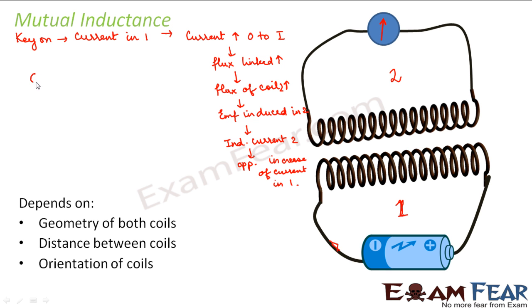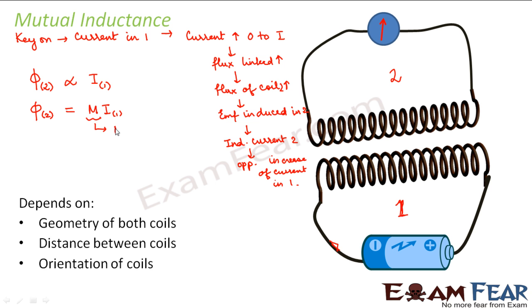So how do I write it mathematically? We can say that the flux change in coil 2 is directly proportional to the current which is flowing in coil 1, because as the current flowing in coil 1 is changing, the flux in coil 2 will also change. So we can write that the flux of coil 2 can be written as some constant of proportionality into the current which is flowing in coil 1.